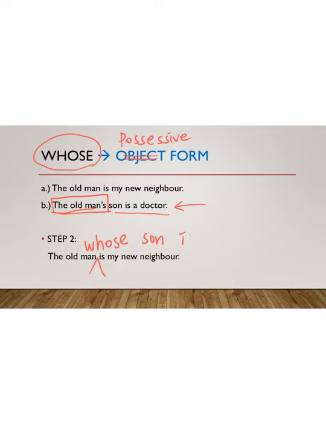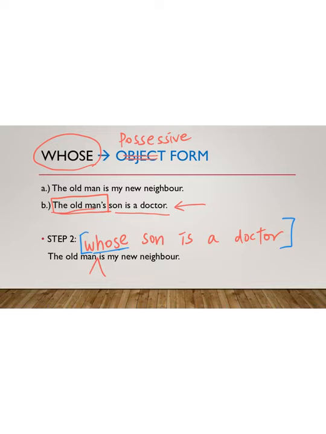Whose son is a doctor. So for this part, whose son is a doctor, this is the relative clause, and we are using the relative pronoun whose to replace the old man apostrophe S, okay?